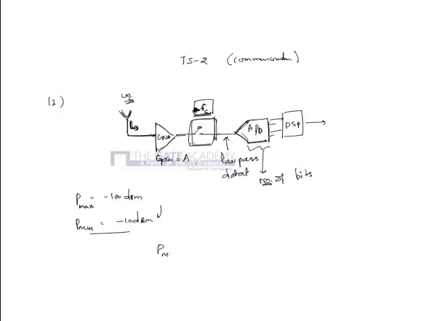Now we know that these units are given to be in dBm, that is nothing but 10 log the power, for example minus 100 dBm, let's call it PIM, divided by 1 milliwatt. This is normalized to 1 milliwatt.